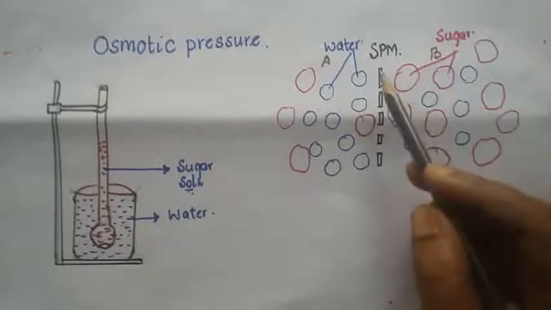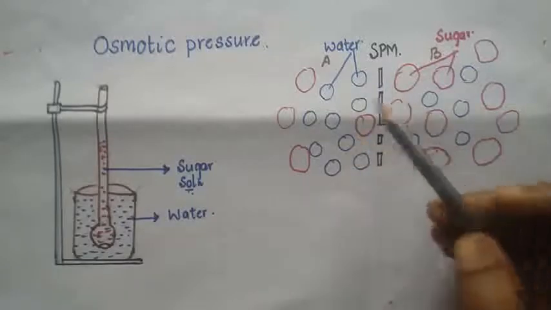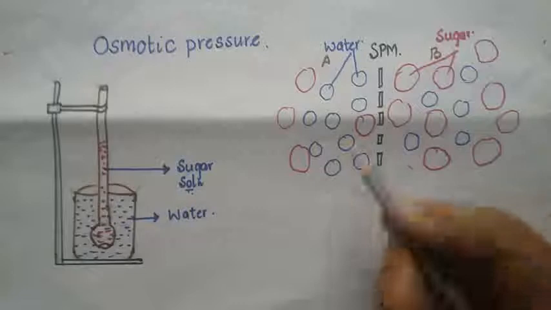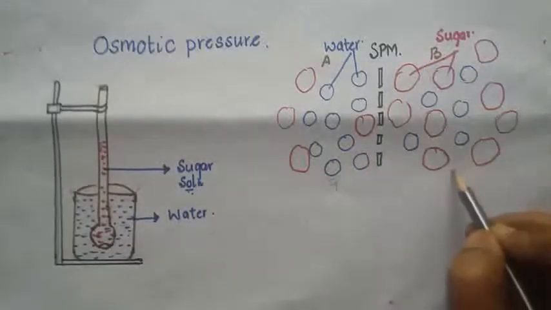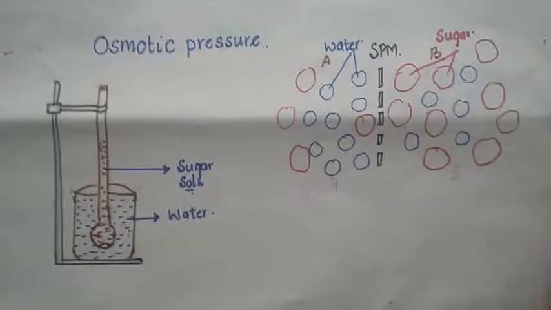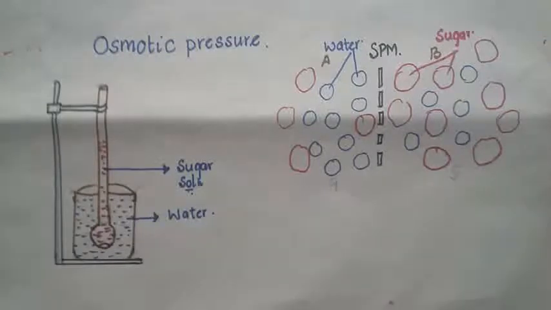now let us take an example. This side we have around 9 water molecules. On the other side we have around 5 water molecules. So what we have learnt is that there should be a movement of water molecules till both sides of the solutions have the same amount of water molecules.